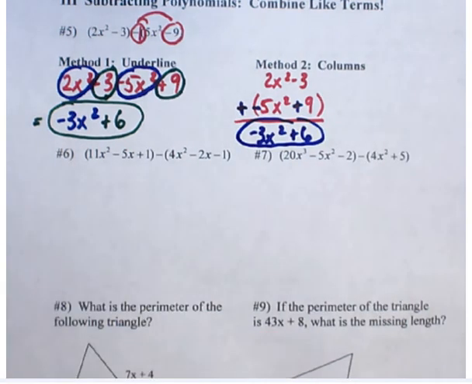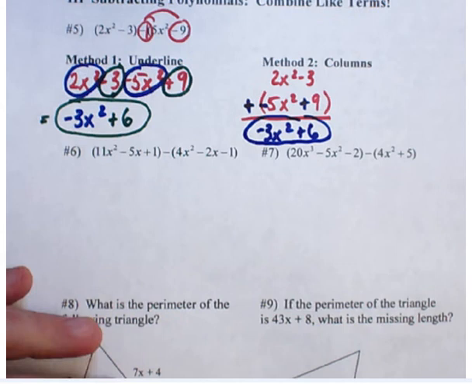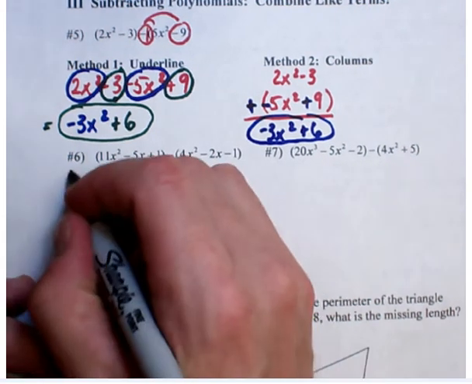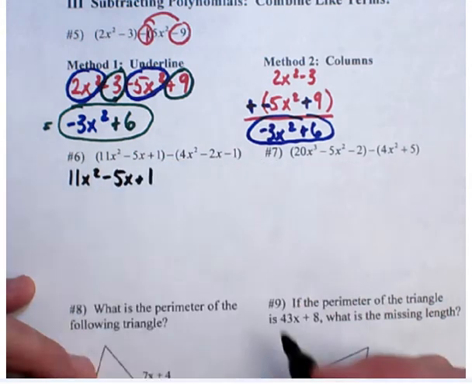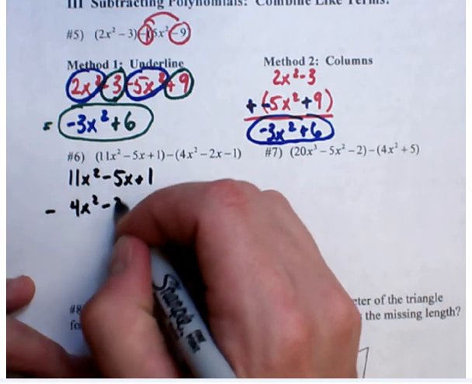All right, let's take a look at number 6. Let's go ahead and do this with the column method. So 11x squared minus 5x plus 1. And then subtract. This is 4x squared minus 2x minus 1.